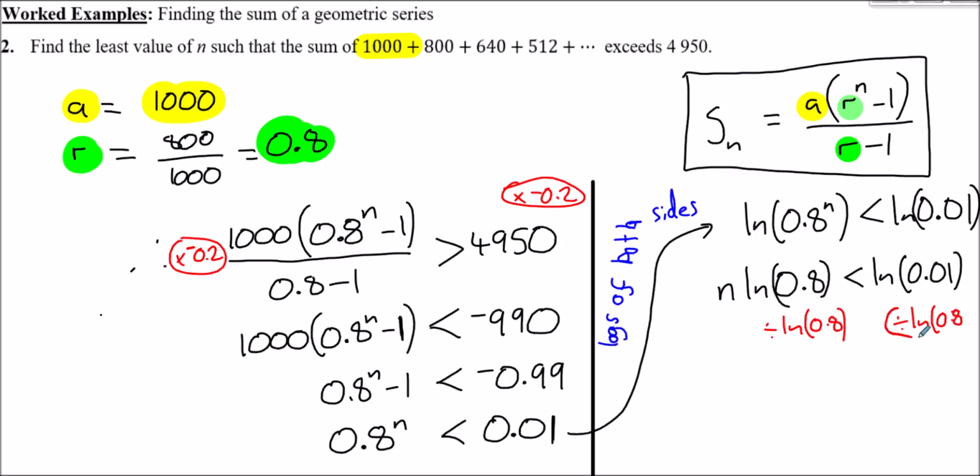If we divide both sides by ln of 0.8, on one side we'll just have n, which is what we want. We want to isolate n so we can solve it. And on the other side, we're going to have ln of 0.01 over ln of 0.8.